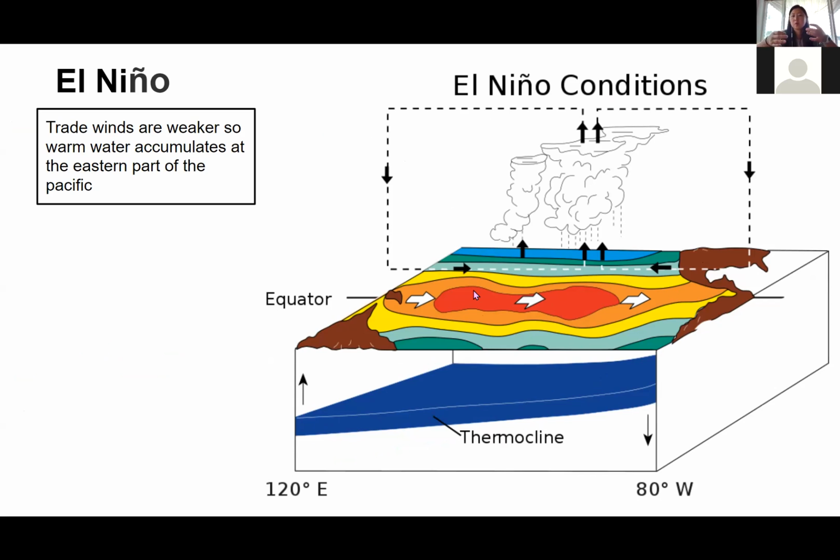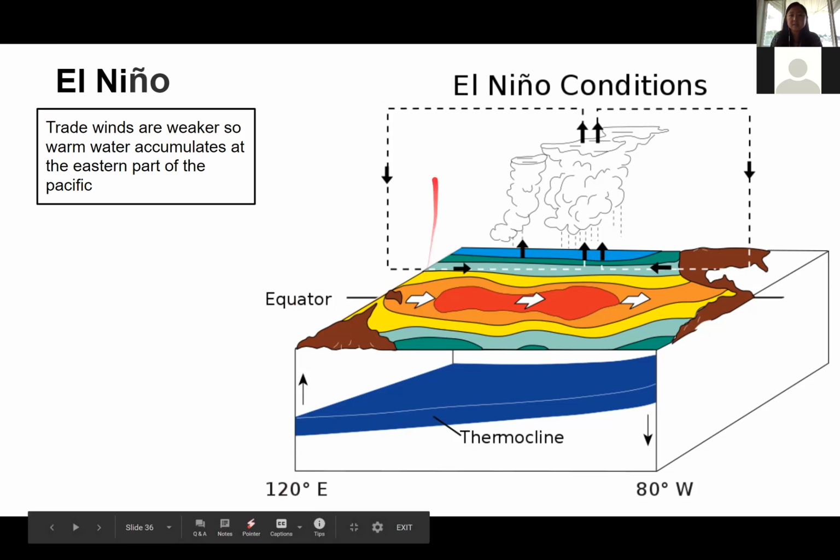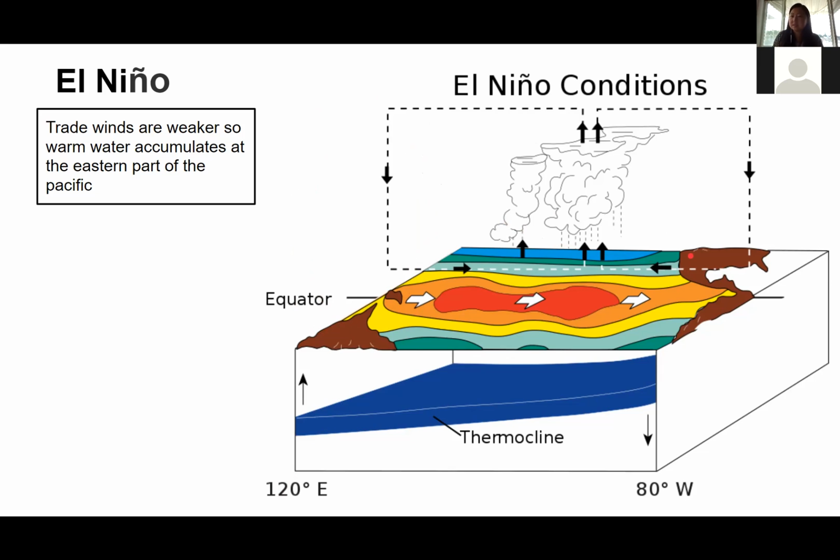Because you have all this warmer ocean water pooling in the center, you get storm systems and low pressure systems that accumulate at the center of the ocean, and then even towards the sides. So normally you'd have heavy rains over on this side, but instead during El Nino years, you have wetter seasons over on the North and South America side.